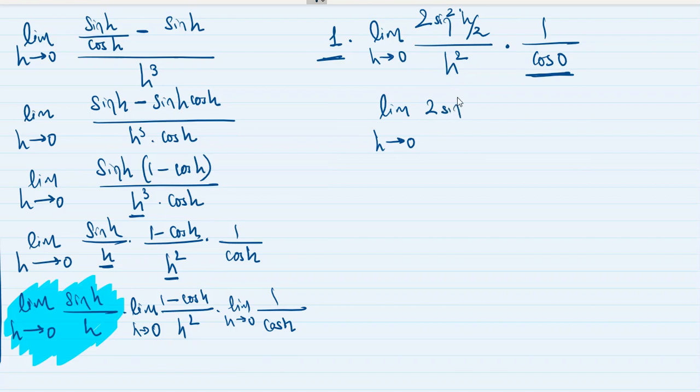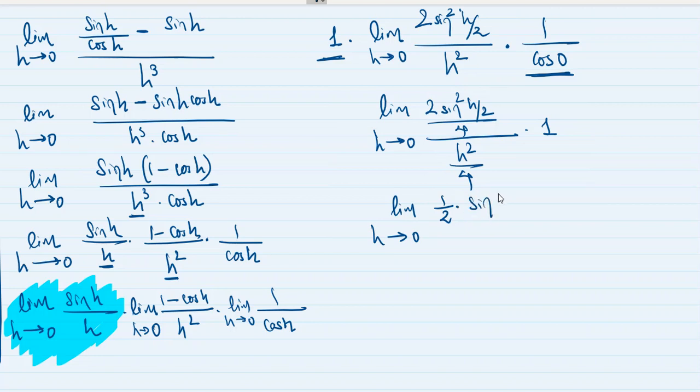So 2 sine square h by 2 the whole upon 4, upon h square upon 4, multiplied by 1. So limit h tends to 0 of, now see, this will become half multiplied by sine square h by 2 the whole upon h square by 4. Now look at this very carefully. I can take this half out of the limit because it's a constant.